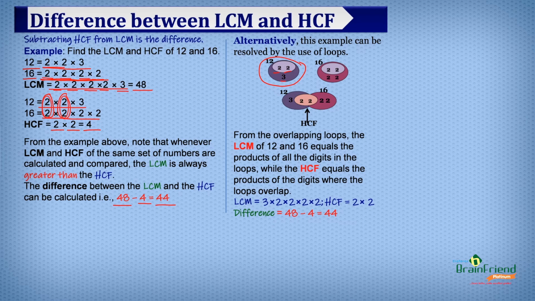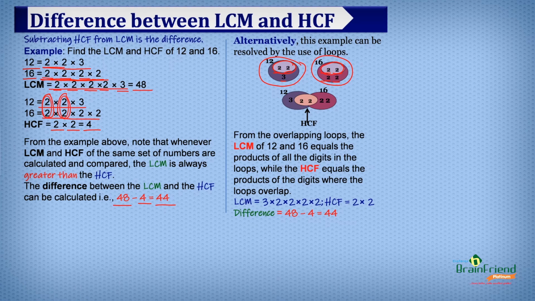And we have another loop containing all the factors of 16 here. That is 2 multiplied by 2 multiplied by 2 multiplied by 2. That gives us 16. Now, there's something common between both loops. We have 2 appearing twice in both loops, and that is why another loop was formed inside these 2 loops.